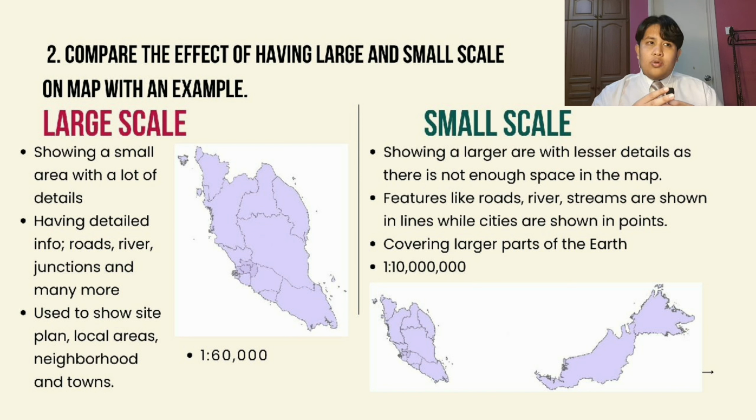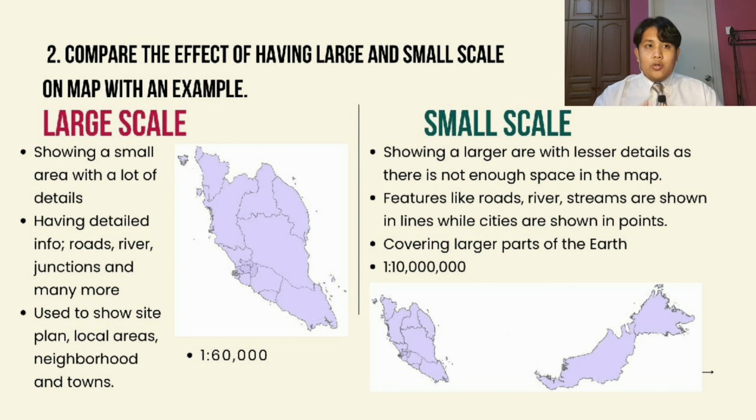Even though it shows a small area, it shows a lot of detail. That is large scale. The ratio in the example that we are using is 1 to 60,000. It is way lesser than small scale maps.